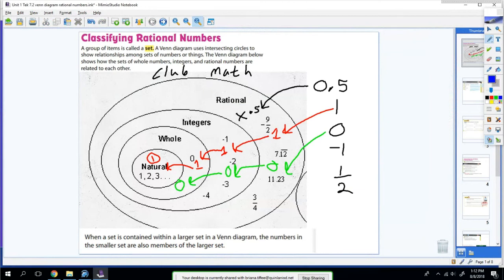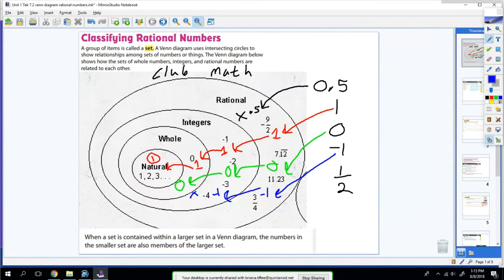Okay. Negative 1 goes to the rational room, enjoying its time, but wanted to go to the integer room, where it's allowed. Negative 1's allowed in the integer room because it's not a fraction or a decimal. But negative 1 cannot go into the whole number room because it's negative.